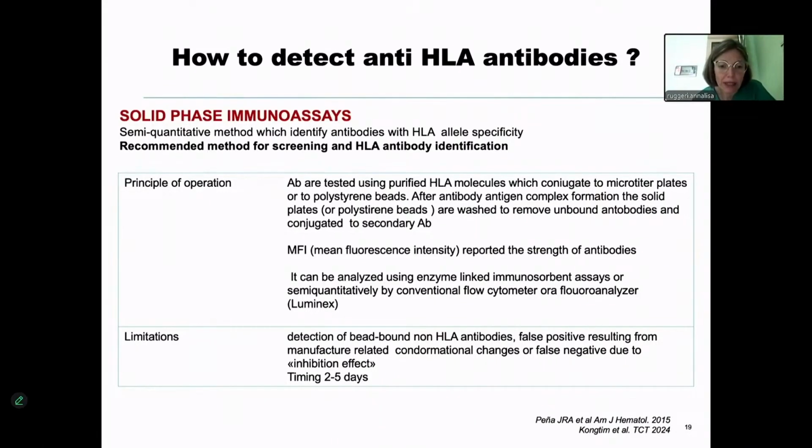The timing to get the results is approximately 1 week, between 2 and 5 days, and the results are provided in MFI, mean fluorescent intensity, which means the strength of the antibodies to provide the effect.